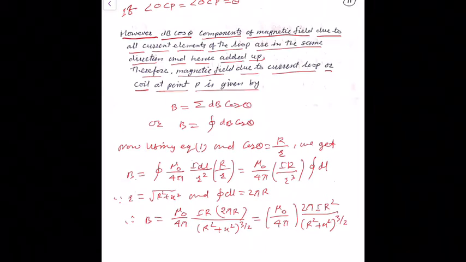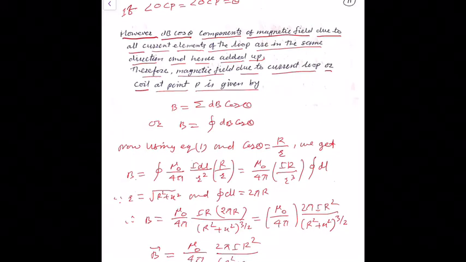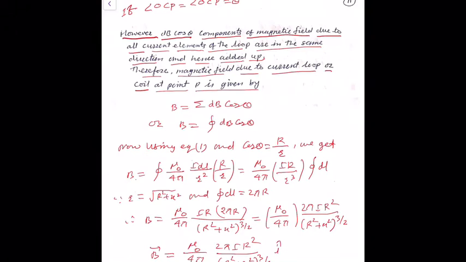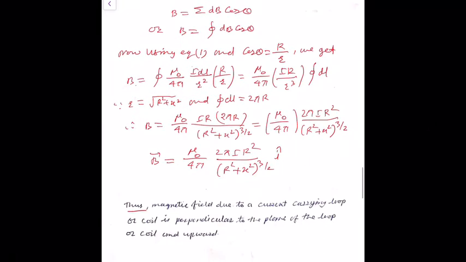As the direction of the magnetic field is along the positive x direction, we can write in vector form B vector is equal to mu naught upon 4 pi 2 pi I R square upon (R square plus x square) power 3 by 2 i cap, unit vector i cap along the x axis.